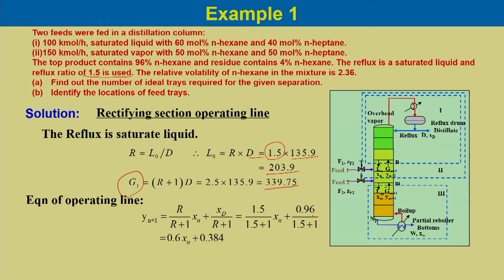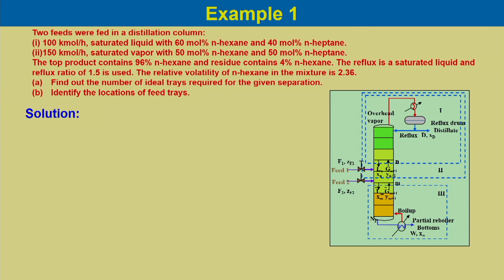Finally, we get Yn plus 1 equal to 0.6 Xn plus 0.384. So, this is the intercept of the operating line in the rectifying section.